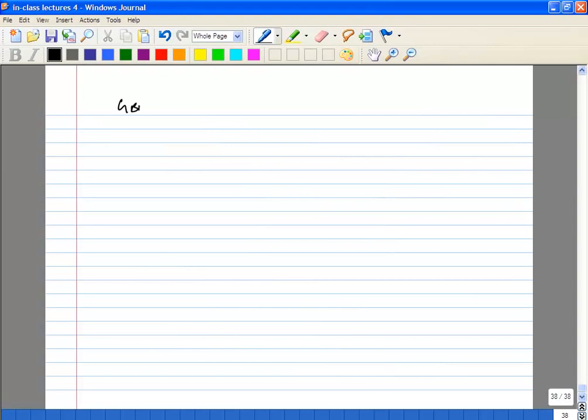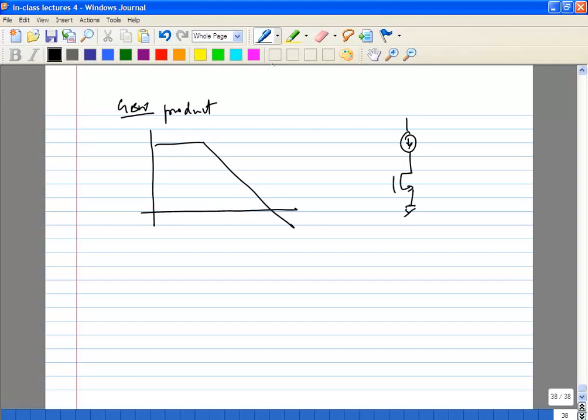So first of all, I think you must all have studied gain bandwidth product, right? If you have a given amplifier with a given load, and a given power consumption, your gain bandwidth product is typically constant. So let's take the case of a common source amplifier.